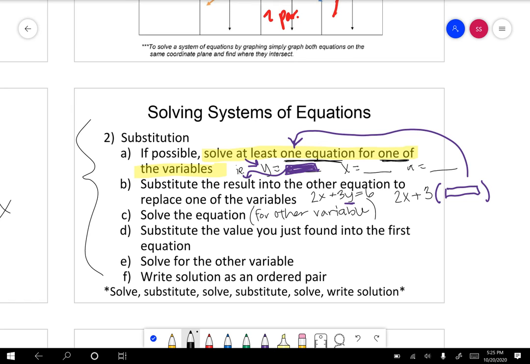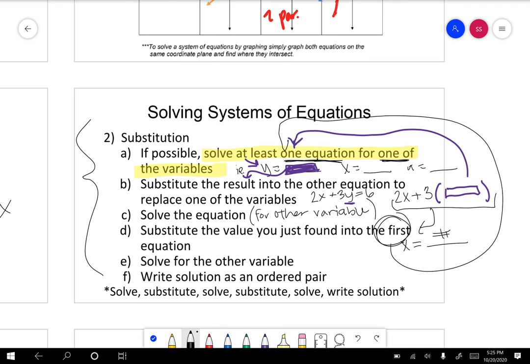So hopefully once you've solved this, you're going to have some answer that looks like x equals something, okay? That number you're going to substitute into the original equation. Actually, you could do it in either equation, and it would work. And basically just solve for y.